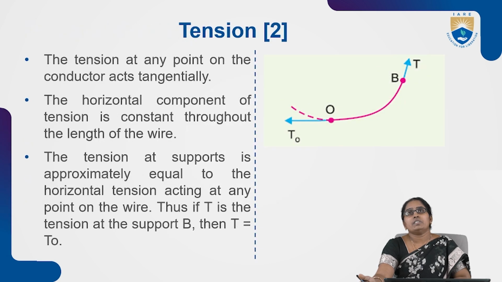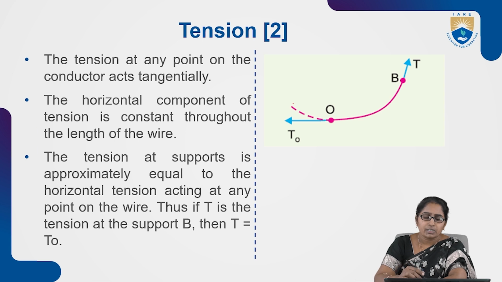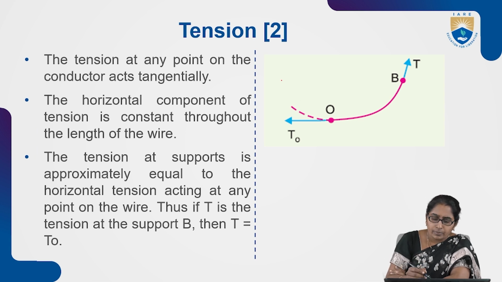Next, we see tension. Some more points about the tension. So see that first point, the tension at any point, we know this point already from the previous slide. Let us say this is the conductor, this pink color one, and this is the support here.